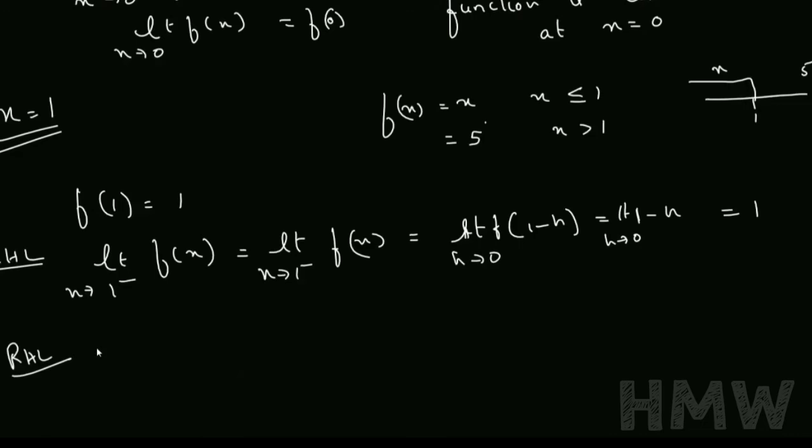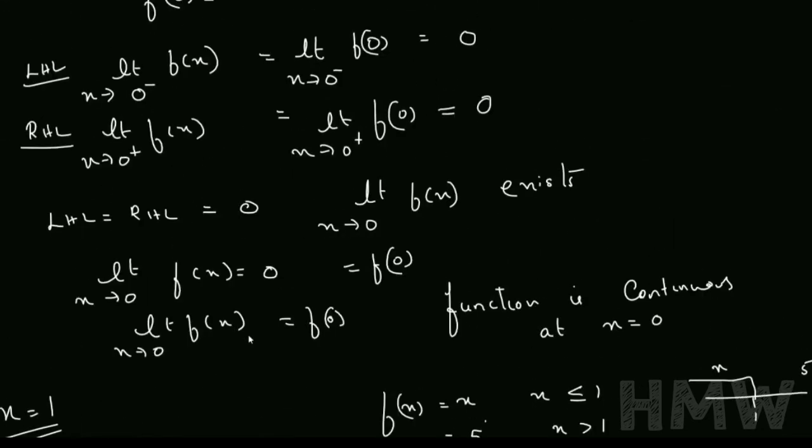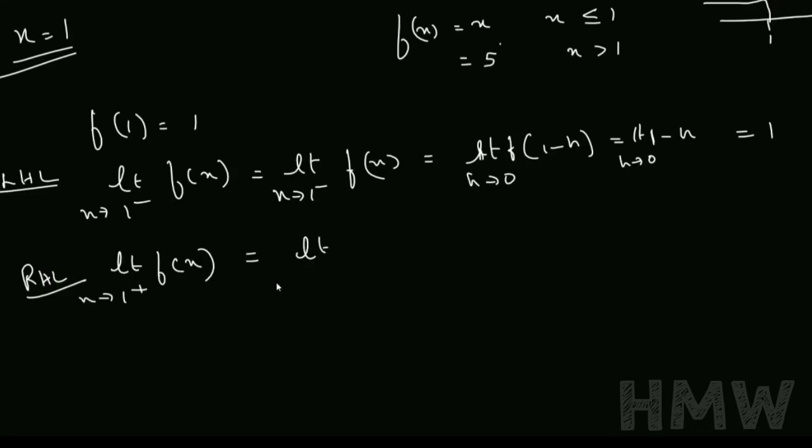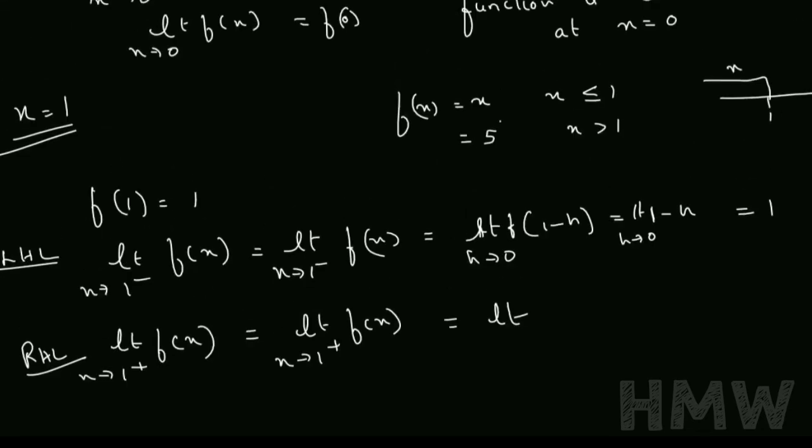Now right hand limit, limit x tends to 1 plus of f of x. Even here you can write 0 plus h and 0 minus h, because it is 0 I didn't write. So right of 1, how do you write?